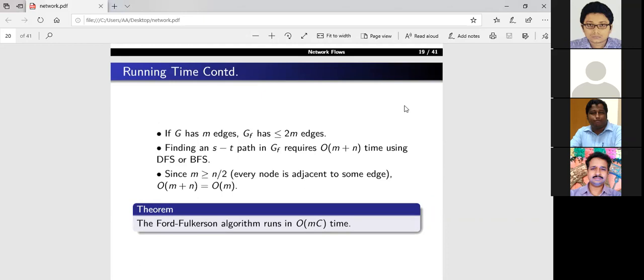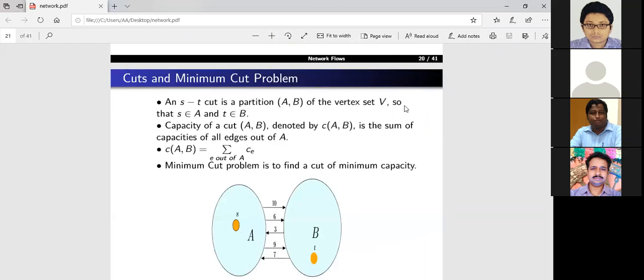Then we come to this concept called a cut. What is a cut? You partition the set of nodes into two parts, one containing the source and one containing the sink. So there are two parts, A and B, in the picture. Now the edges can be divided into three groups.